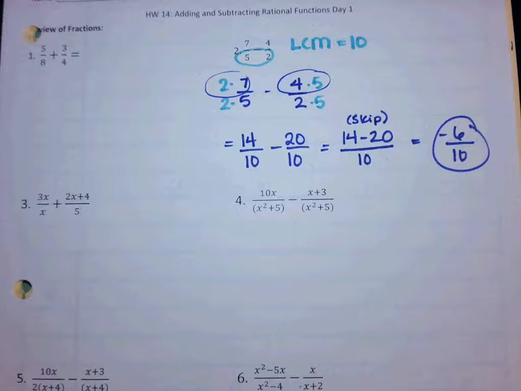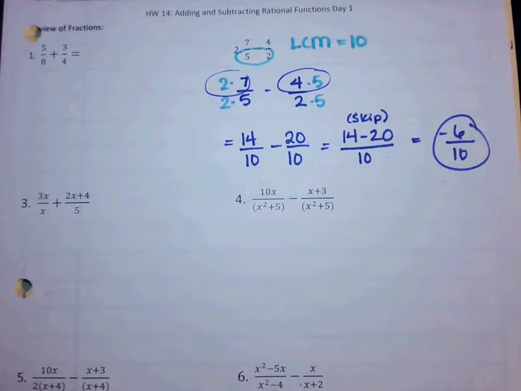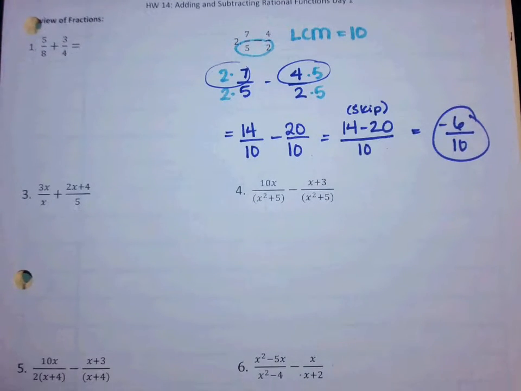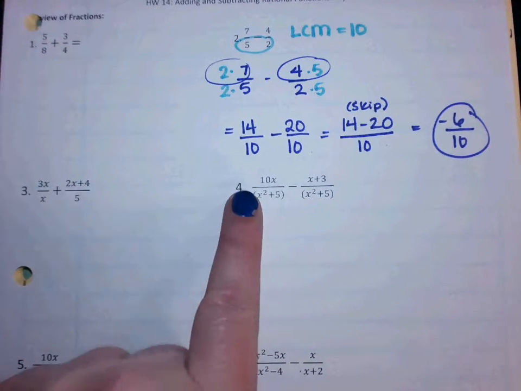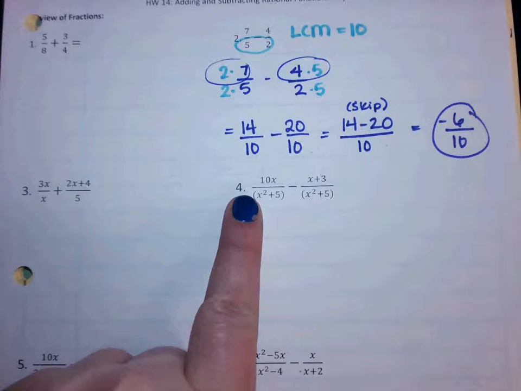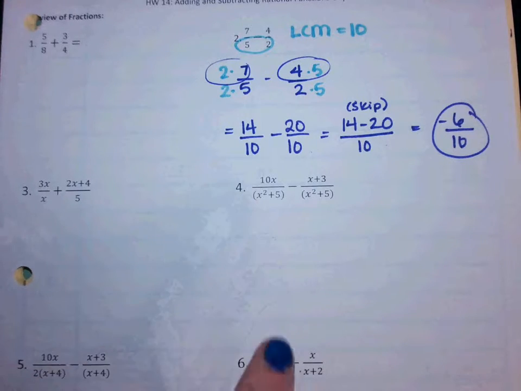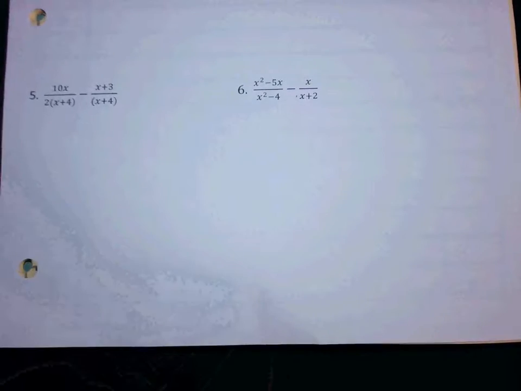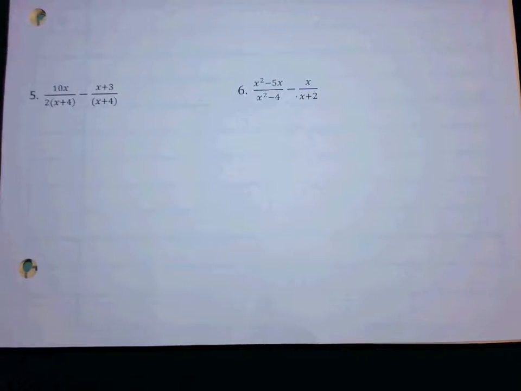Okay, let's come down and take a look, please, at number 6. You're going to have to break down the bottom on number 6. Actually, let me ask a question here real quick. On number 4, are you going to have to break down the bottom of that? Why not? They already match. If they already match, you don't have to break anything down because they're already good to add up. Now on number 6, are you going to have to break it down?